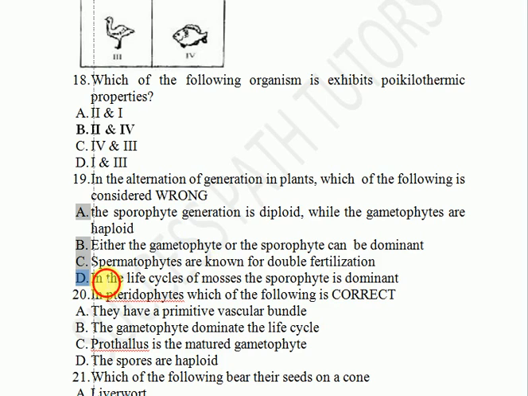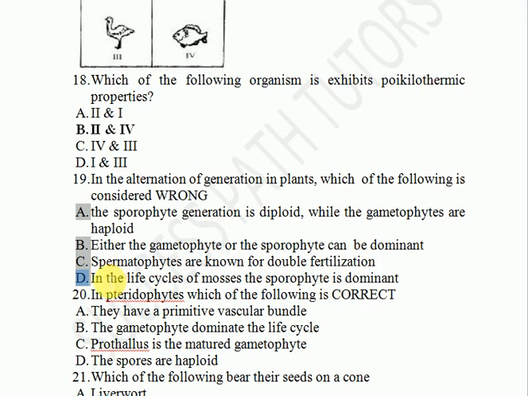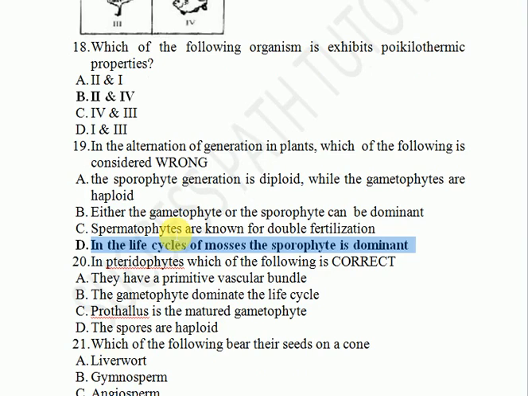It is the gametophyte that is dominant, not the sporophyte. It is the likes of pteridophytes that have their dominant generation to be sporophyte, but for mosses, it is their gametophyte that is dominant. So every other thing here is correct except for option D.